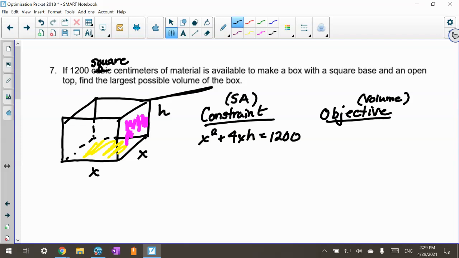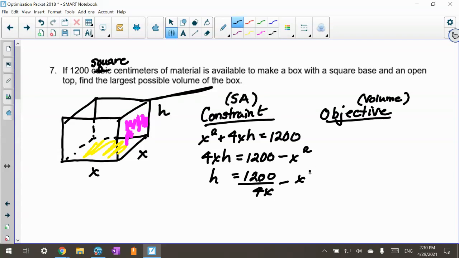I solve for h because it's a little bit easier since x is squared. So I have 4xh equals 1,200 minus x squared, and I'm going to divide by 4x, the whole thing. So 1,200 divided by 4x minus x squared over 4x.